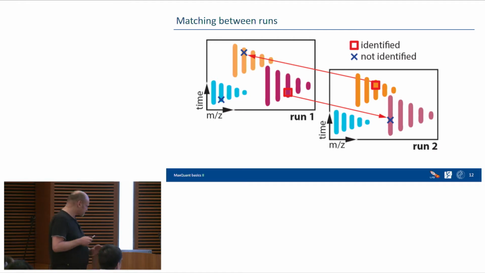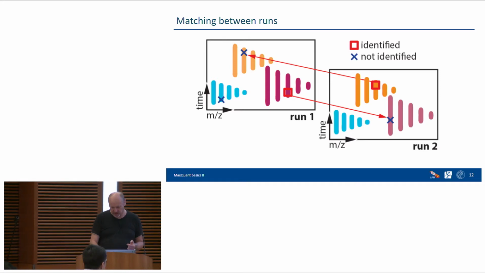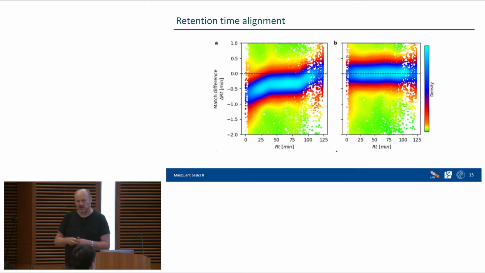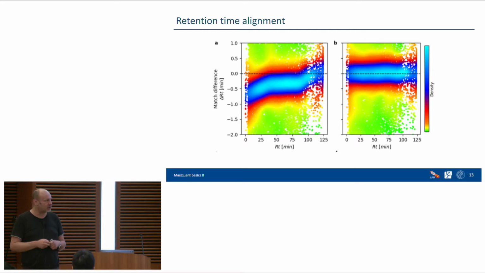But for doing proper matching, we have corrected the masses, but already with LC-MS you had to correct the retention times. You have to align retention times, right? And that of course we just do as before.